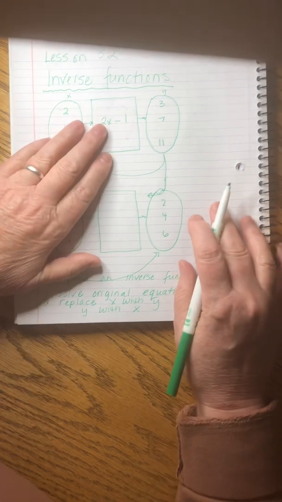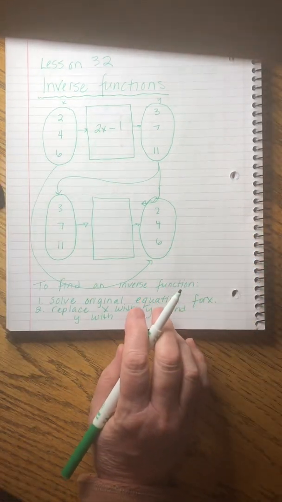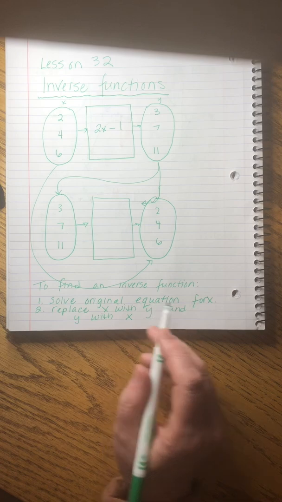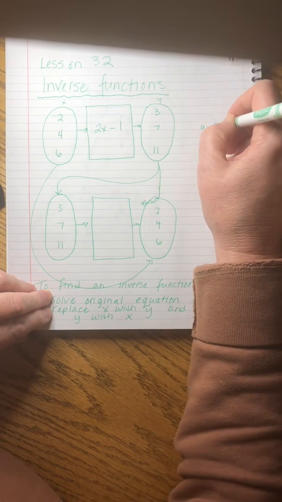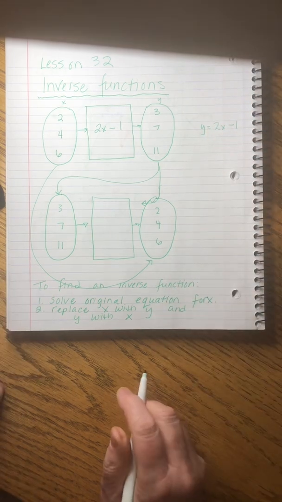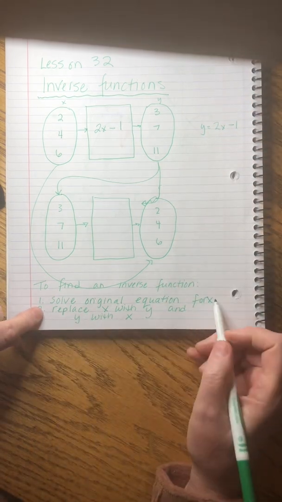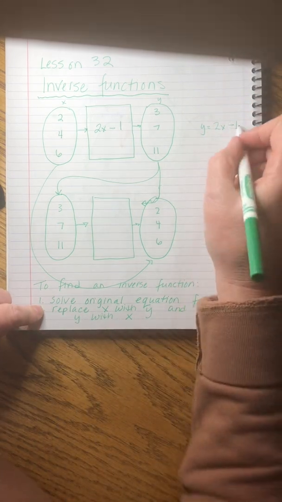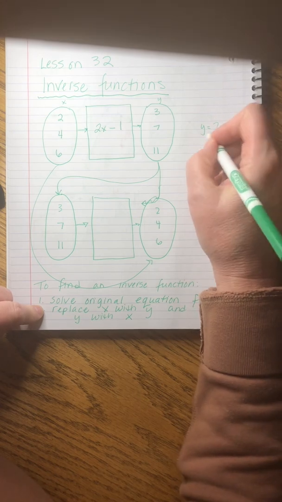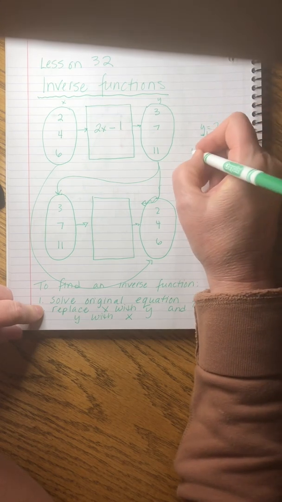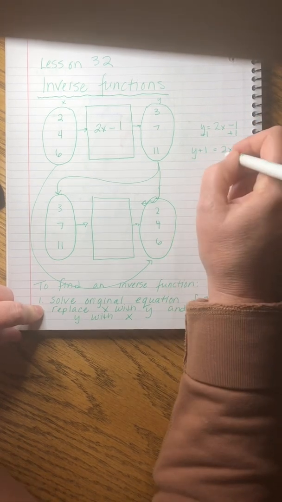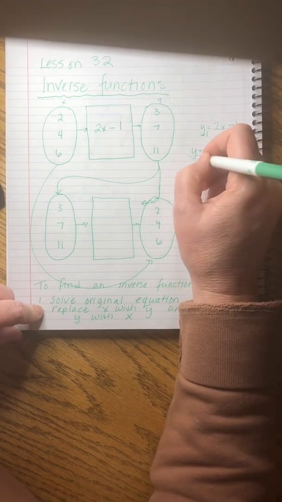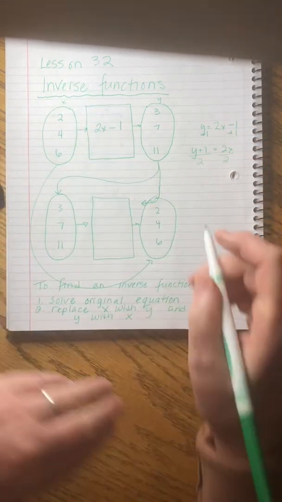So let's take our function here, which was y equals 2x minus 1. We want to solve the original equation for x. Let's add 1 to both sides, and we'll get y plus 1 equals 2x. Then we'll divide everything by 2, and now I'm going to just reverse it.